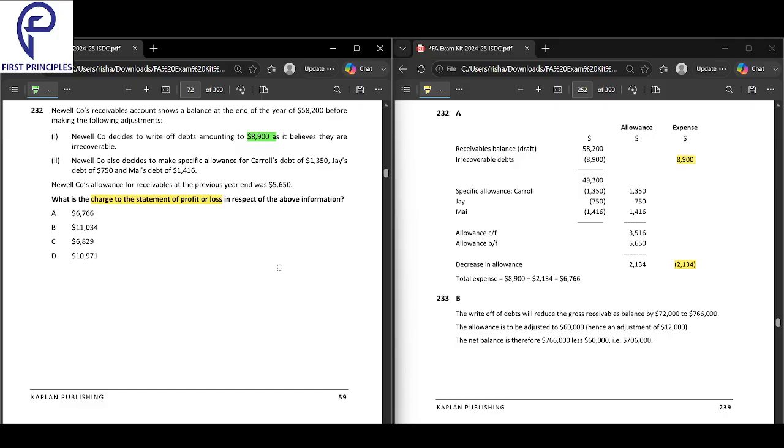So how much is the allowance? Allowance for receivables at the previous year end, the opening allowance, is 5650. That is our opening allowance.